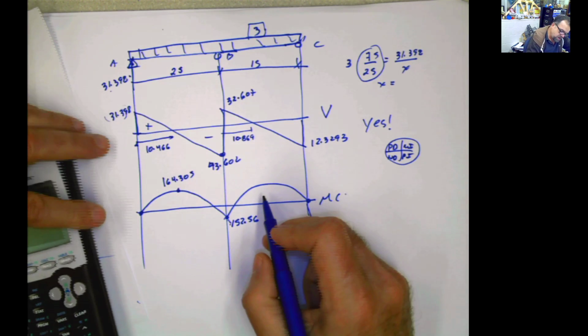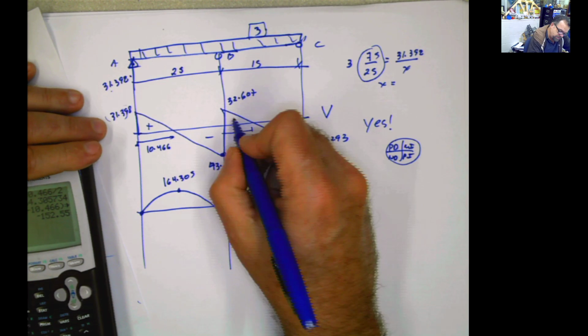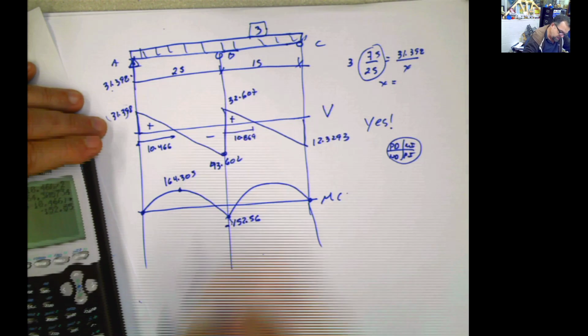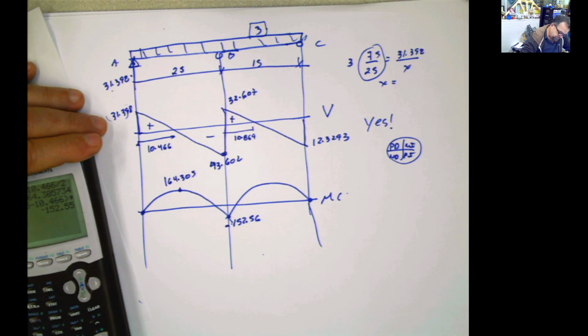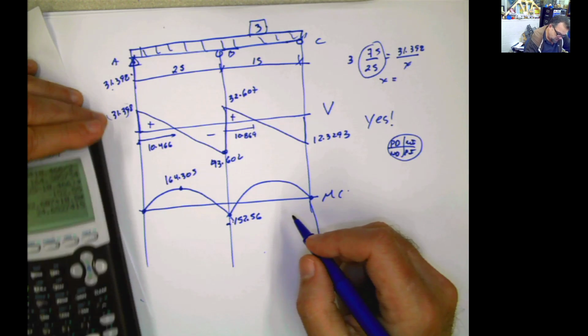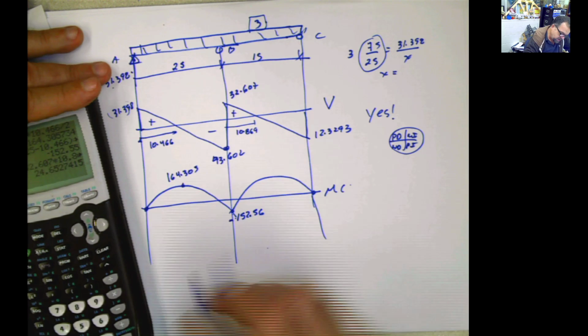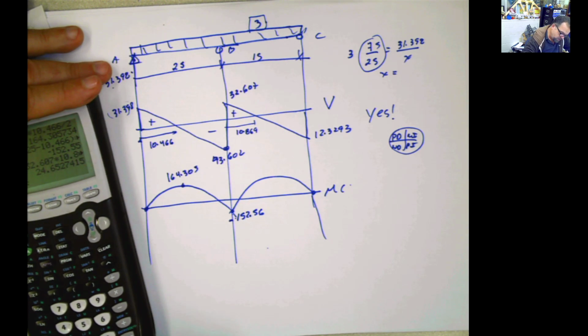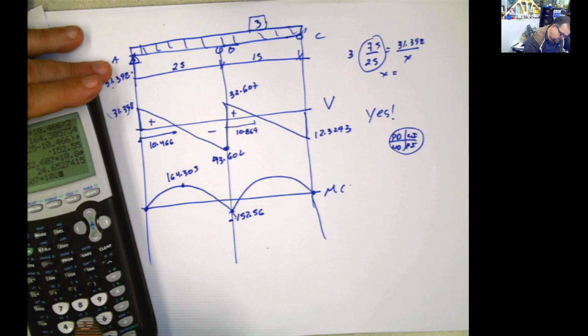And this value here is going to be this value, negative of course, plus this area, 32.607 times 10.869 divided by 2. I don't know, let me try again. 32.607 times 10.869 divided by 2.